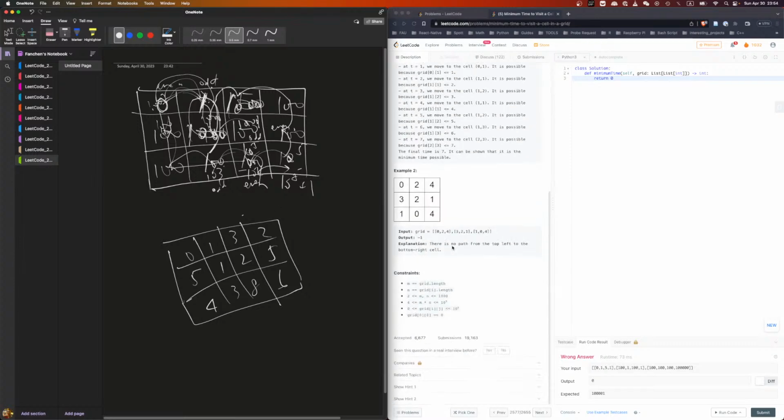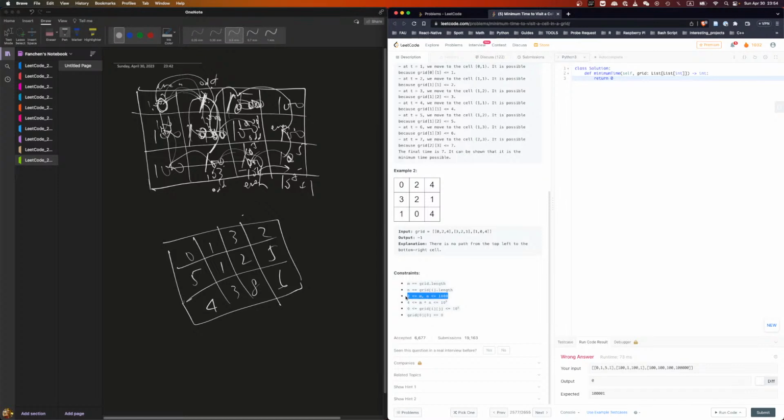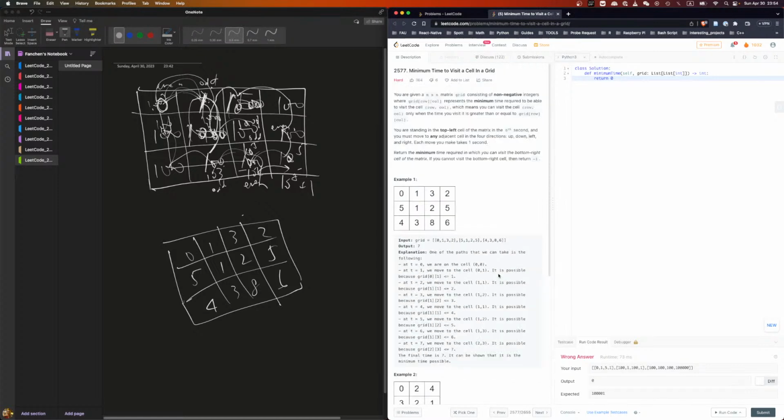Oh, okay, DP. You're gonna try DP, which means the minimum time to reach each cell, right? If I know the minimum time to reach, what's the minimum time? So here, this position, minimum time to reach here is gonna be 1, right?